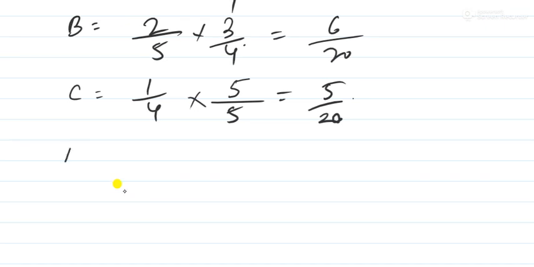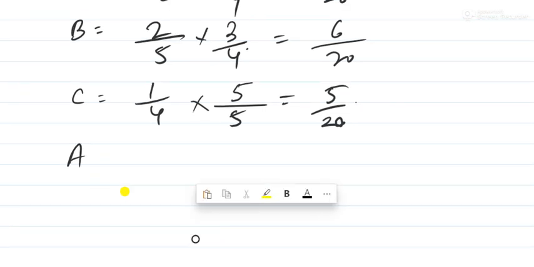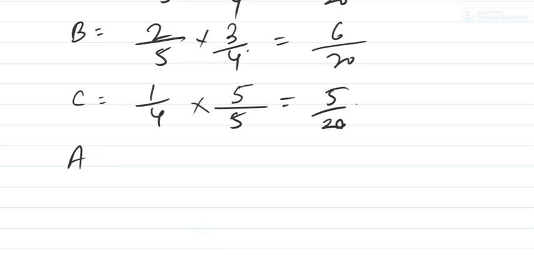So the new profit sharing ratio A is to B is to C is equal to 9 is to 6 is to 5. Once again I'm repeating the sum.